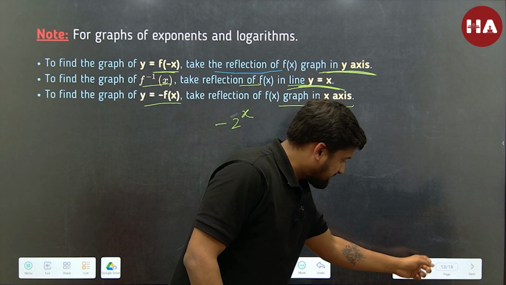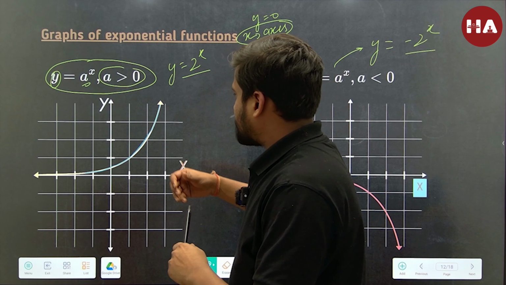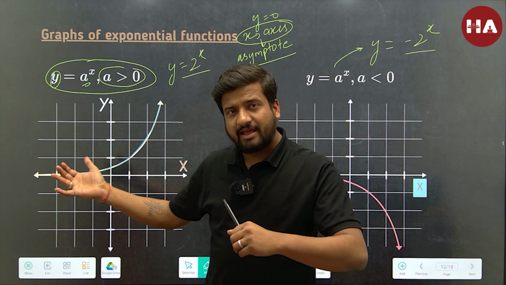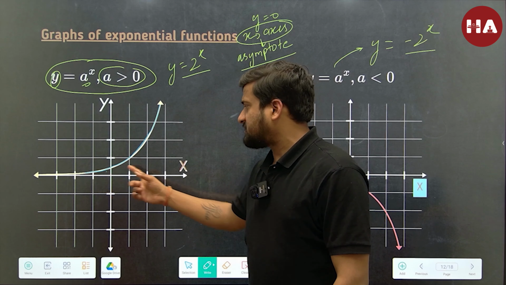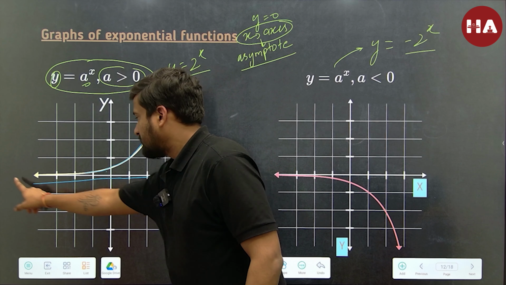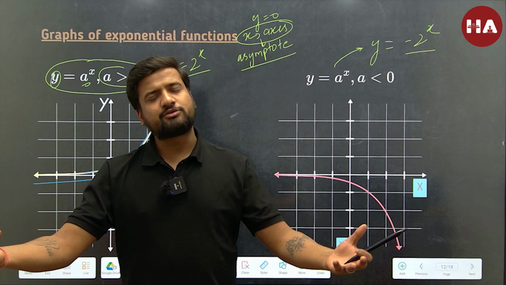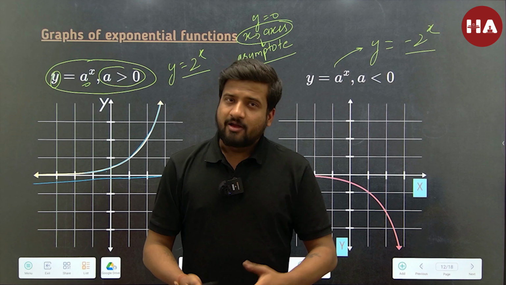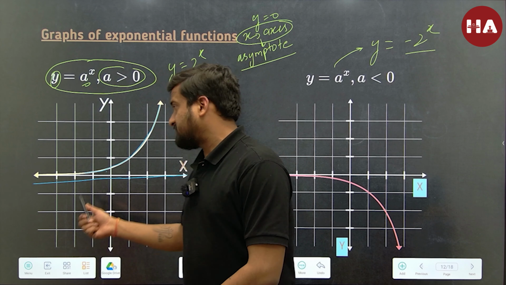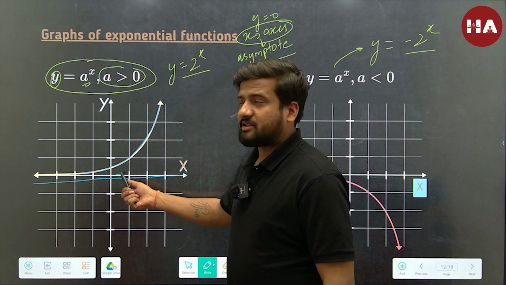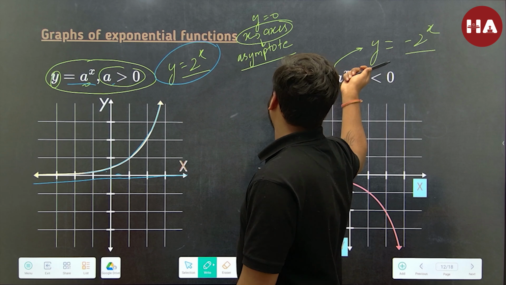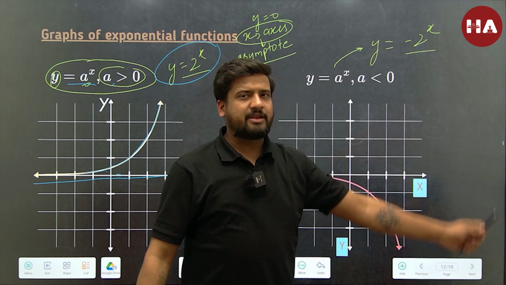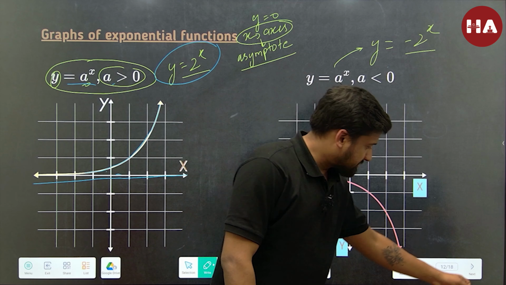If you notice, the graph on my right in yellow and the graph in pink are reflections of each other in the line y equals 0, the x-axis. So if you take the reflection of this graph in the x-axis, you'll get the graph of y equals minus 2 raised to the power x.